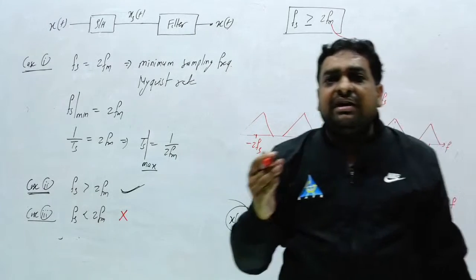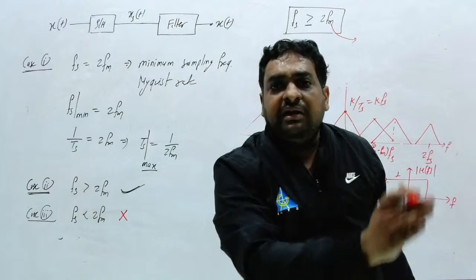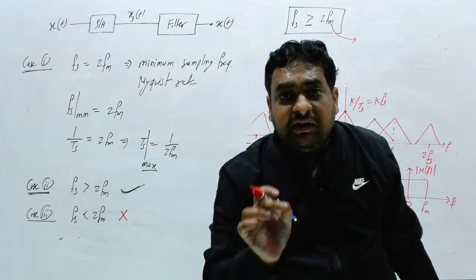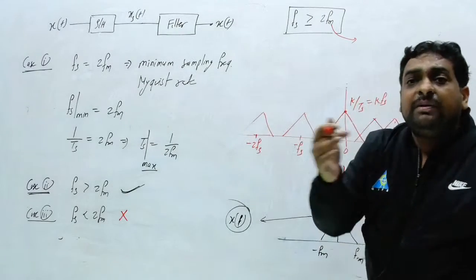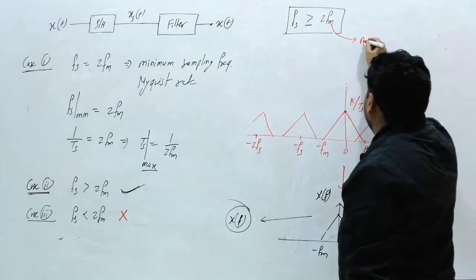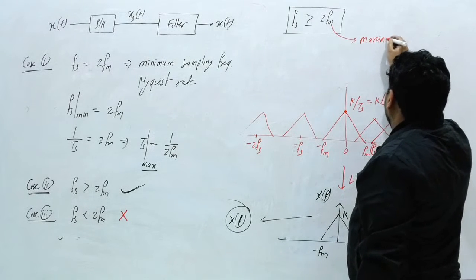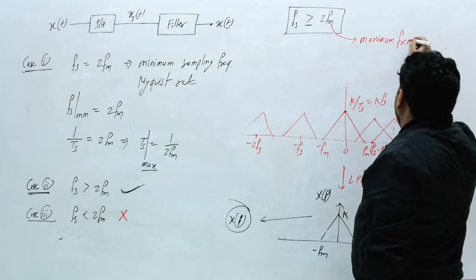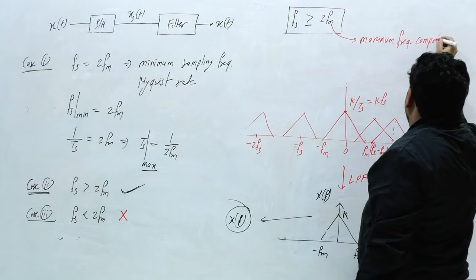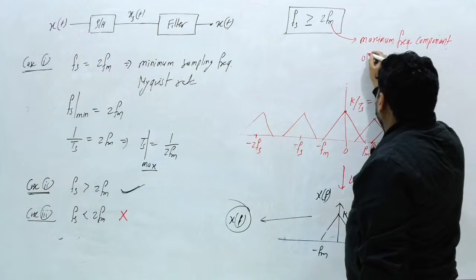A message signal can contain different frequencies. What can fm be here? It is the maximum frequency component of the message signal.